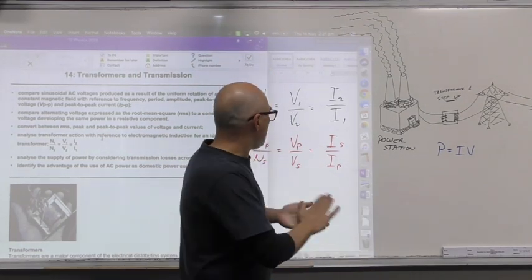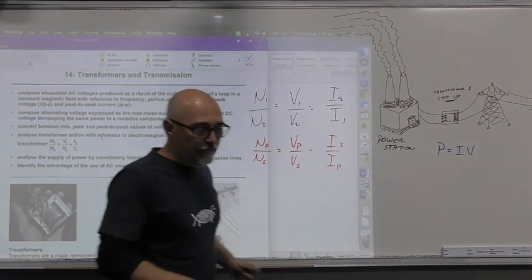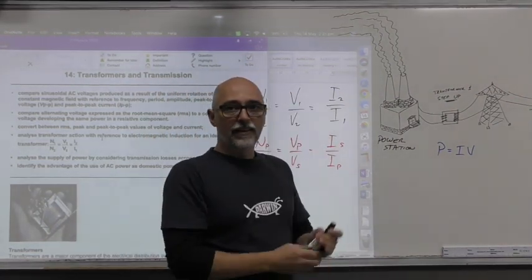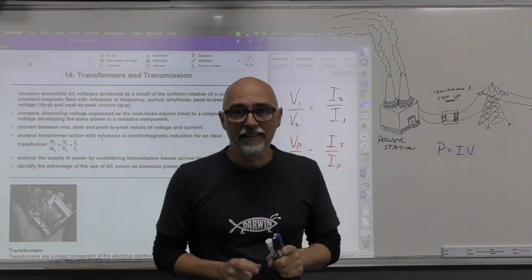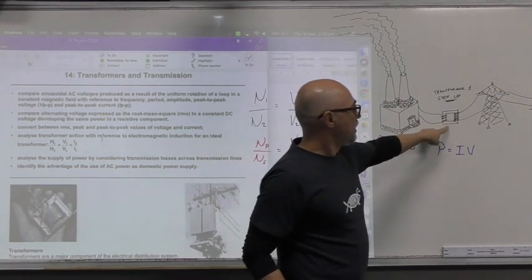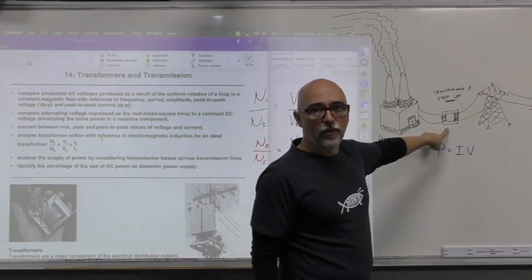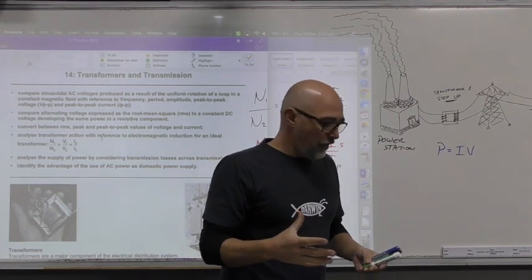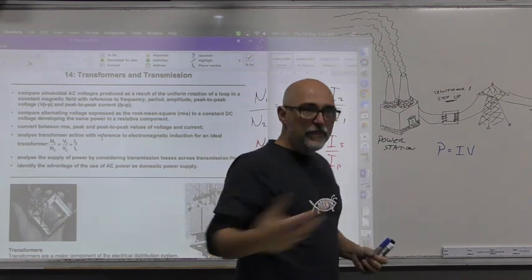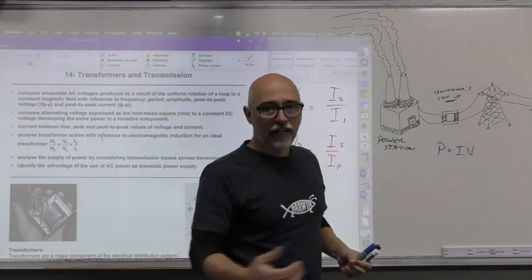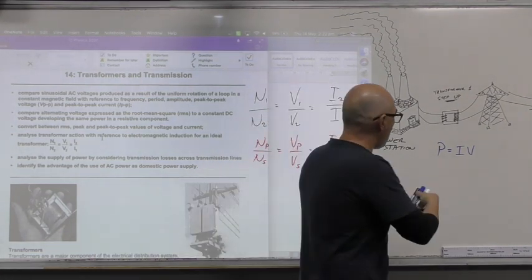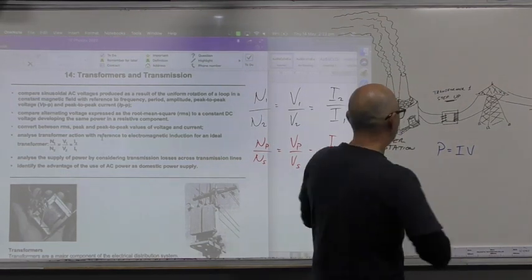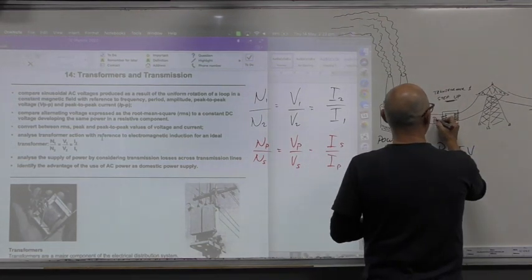So this formula here tells us this, that if you can see my transformer here, the side of the transformer that is accepting the current, okay, that's the primary side, okay? So that's your primary side.